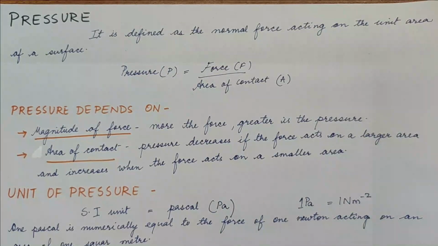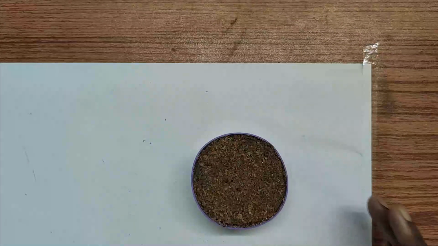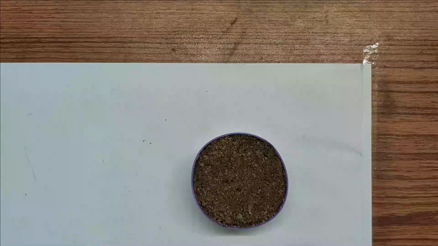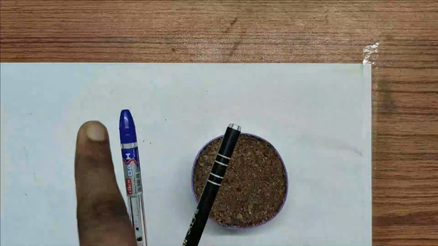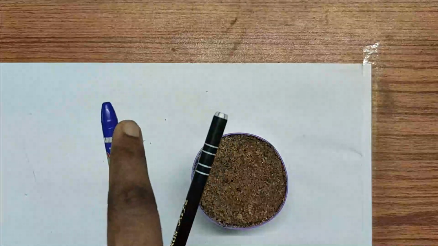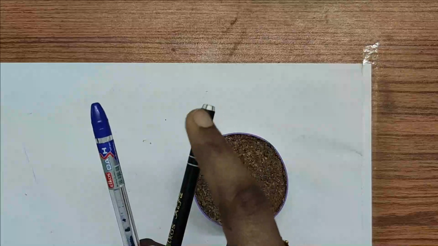To explain this, I will show you a simple experiment. I have some sand here in front of me, and I have two pens. You can see the two pens. One has a sharper tapering end, and the other one has a blunt end.